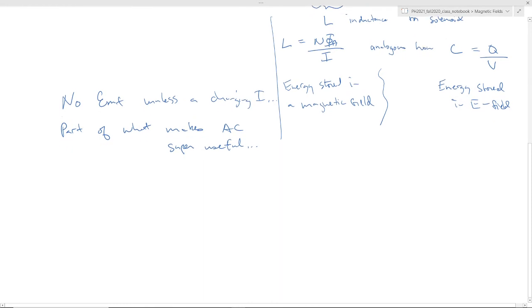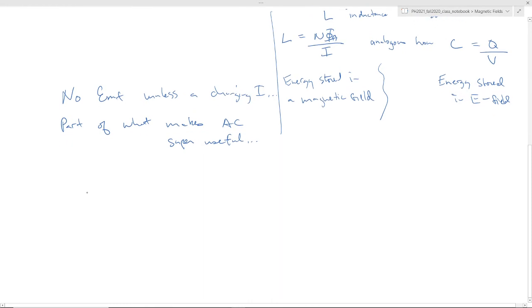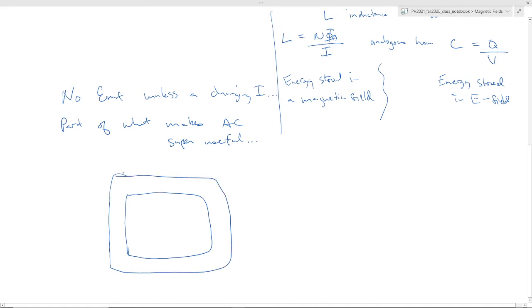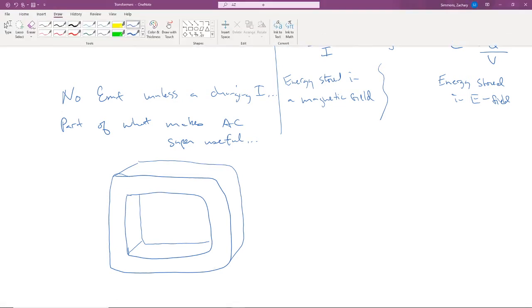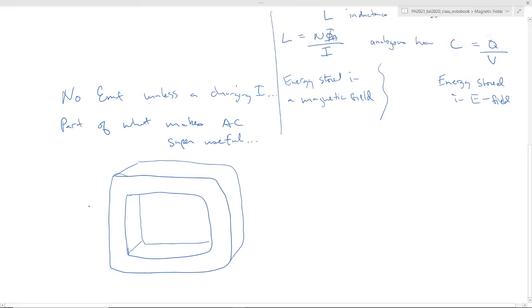So imagine for a moment, again, we'll think of a solenoid, except now you're going to wrap it around a common iron core. Let me try and draw this here.